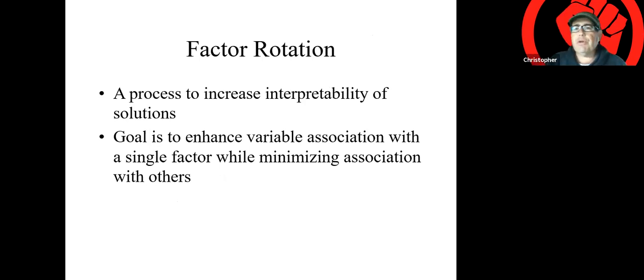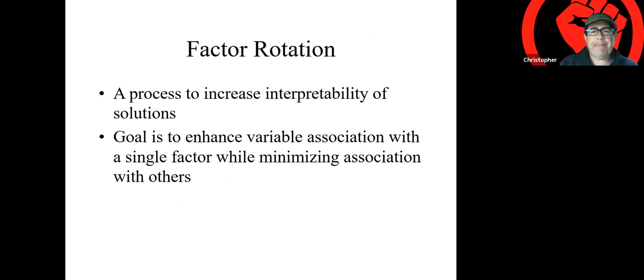All right, factor rotation is another thing that we'll talk about. Again, with all of these pieces, we will go back, and when we have some examples, we'll talk about them in more detail. Factor rotation is a process that we use to increase the interpretability of our solutions, and the solution is just the results of our factor analysis.